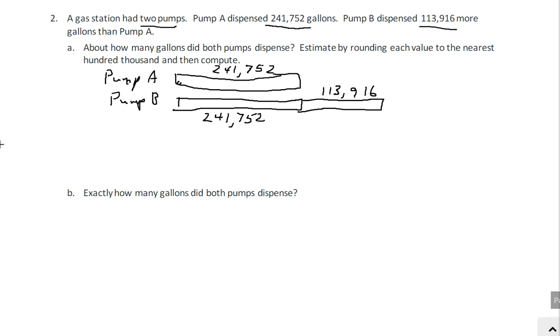So how much did both pumps dispense? Well, both pumps dispense. So we could basically just add all 3 of these together. And it said to estimate by rounding, and then compute. All right, estimate by rounding. Well, let's see, rounding to the nearest 100,000. So 241,000 is about 200,000.